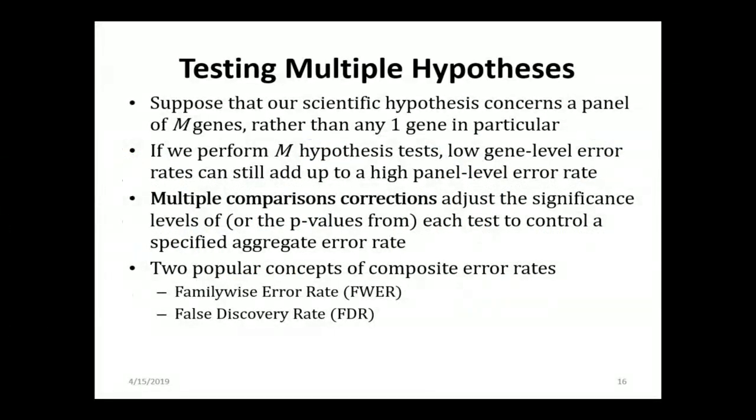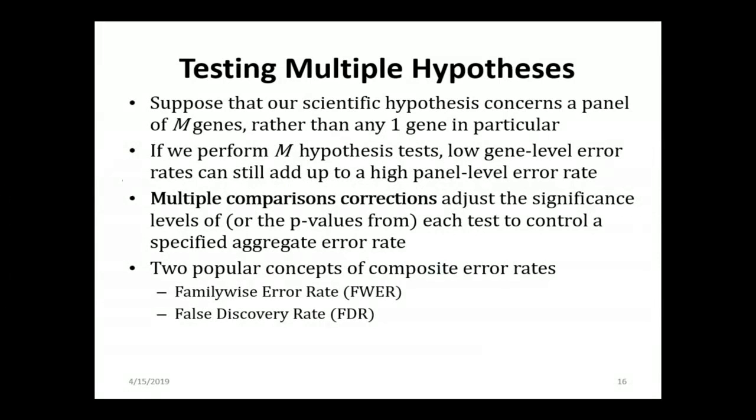Now, if you perform n hypothesis tests, even if your p-value succeeds in controlling the error rate for a particular gene, when you add it all up together, the overall error rate of the panel of genes is going to be pretty high. And multiple comparisons corrections are basically techniques that you can use to adjust either the significance level or the p-value that you get from each test in order to control this aggregated error rate.